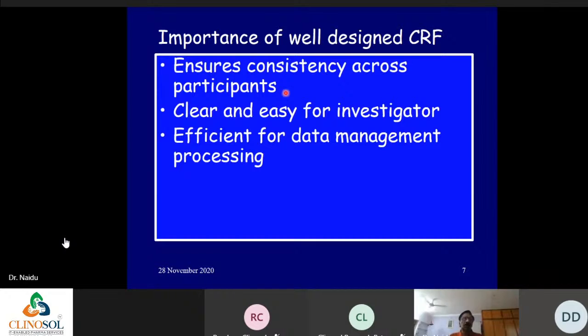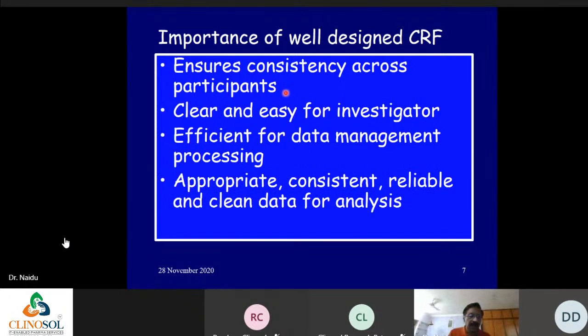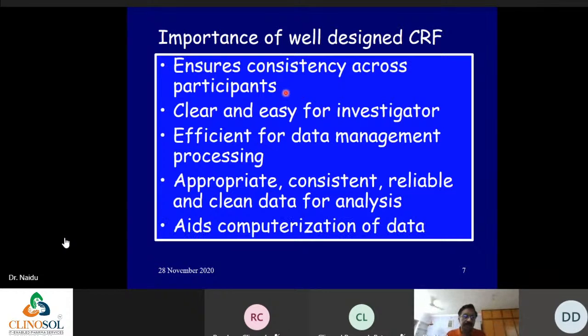This is only possible when the designing of the case record form is very well done. It should also be appropriate, consistent, reliable, and give clean data for analysis. So these are some of the properties of a well-designed case record form.